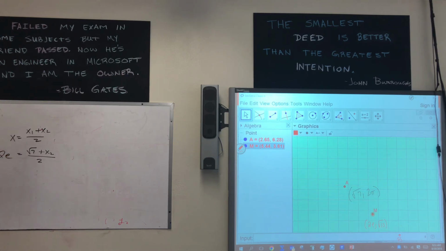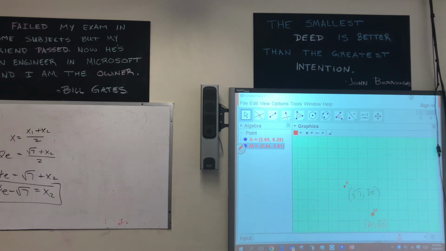Okay, e is about 2.8. It's a natural number. You guys did it with logarithms last year. So it's a number like pi, a irrational number like pi. Multiply both sides by 2, so it gives me 4e is equal to root 7 plus x sub 2. And now subtract root 7.